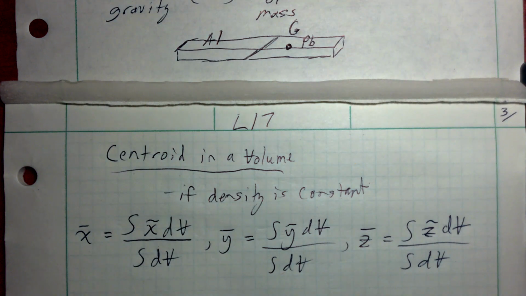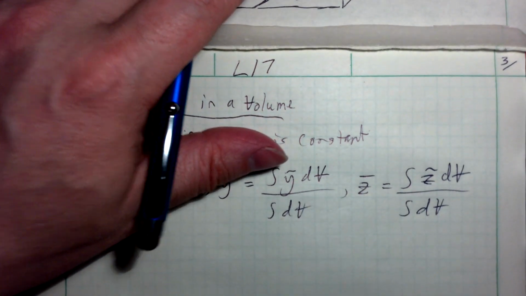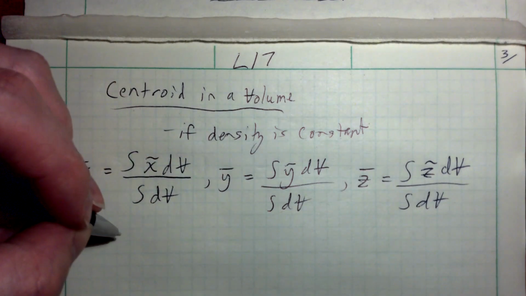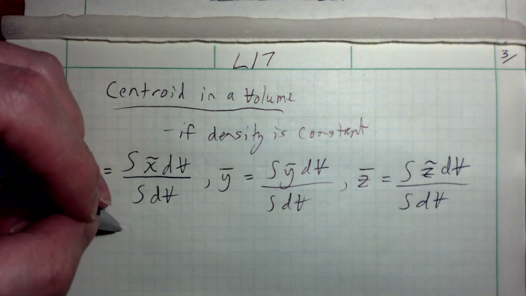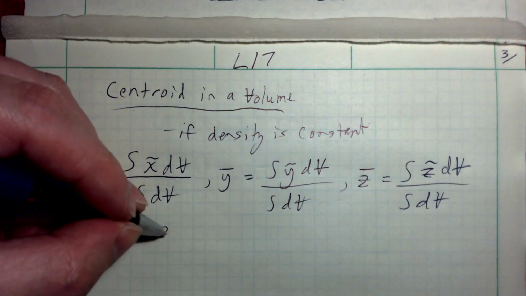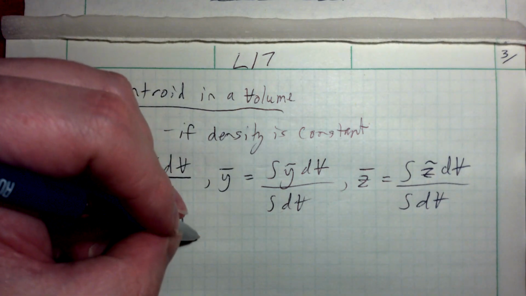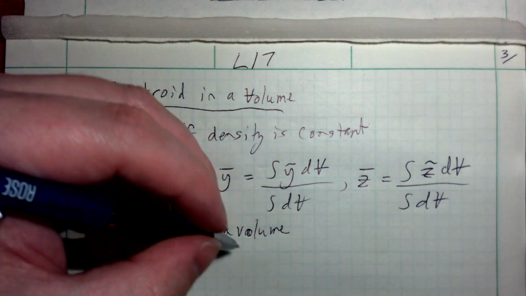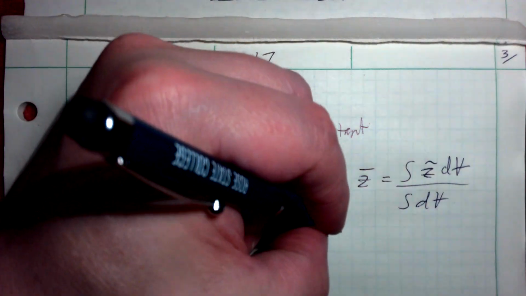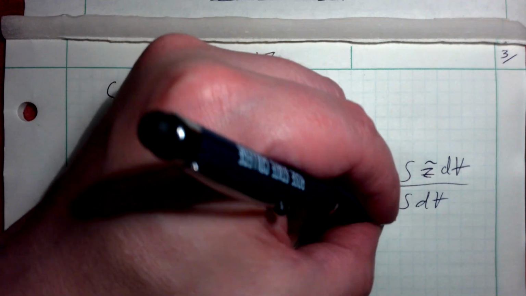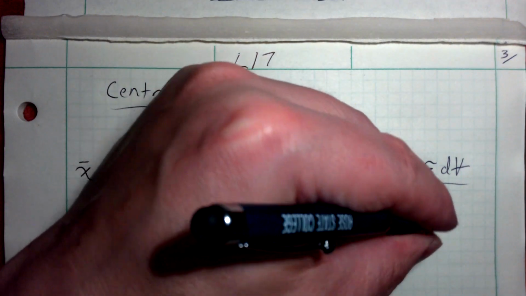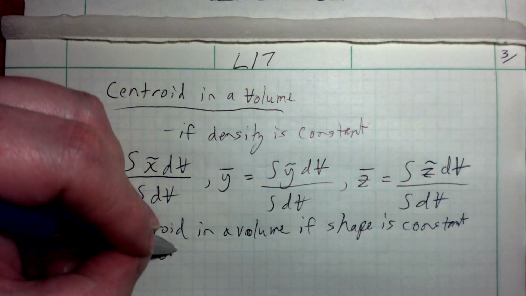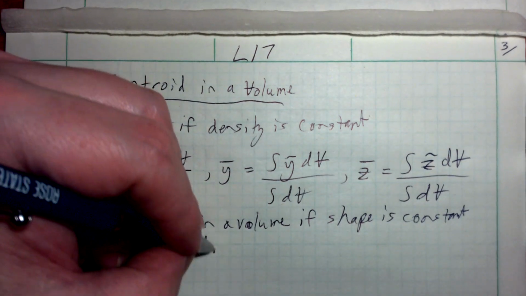Okay. This works well if I'm talking in three dimensions. What if we talk about the centroid in a volume if the shape is constant in one dimension?